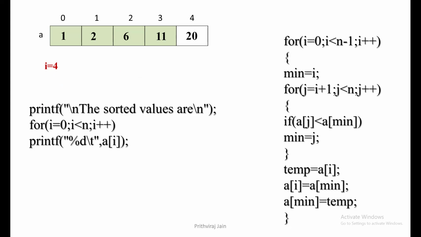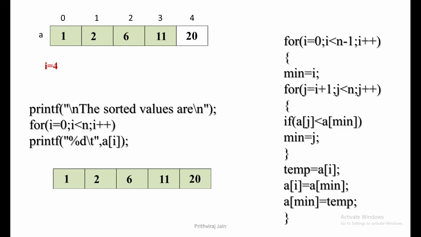So we are taking one message, the sorted values are, and we use a for loop that starts from 0 till n minus 1, and just print the value using a of i. And after printing, you get the elements like 1, 2, 6, 11, and 20. Now you can observe that all the elements are in sorted order. Okay, so now this is in ascending order. This is how the selection sort works.